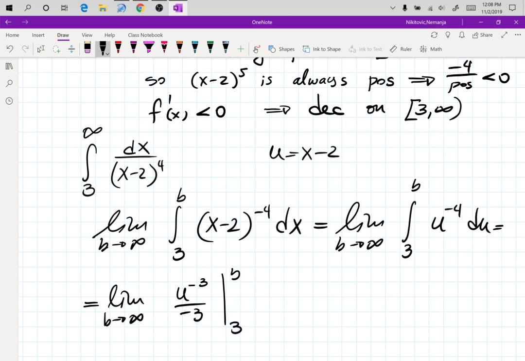It's not 3 to b, but we'll switch it now. The limit as b goes to infinity of negative 3 over u, not u cubed, x minus 2 cubed from 3 to b.